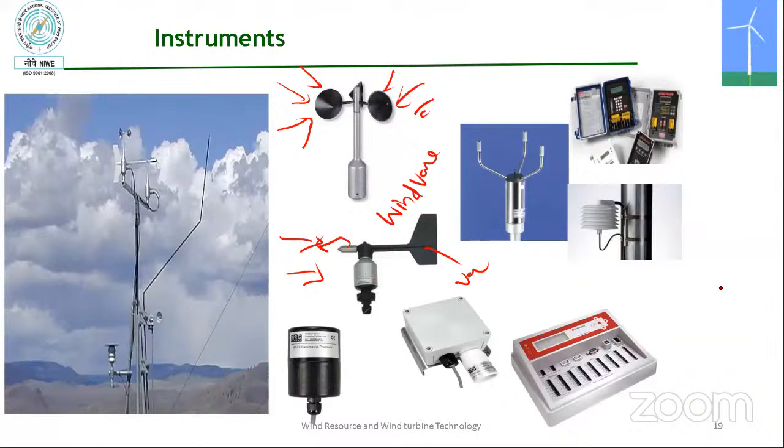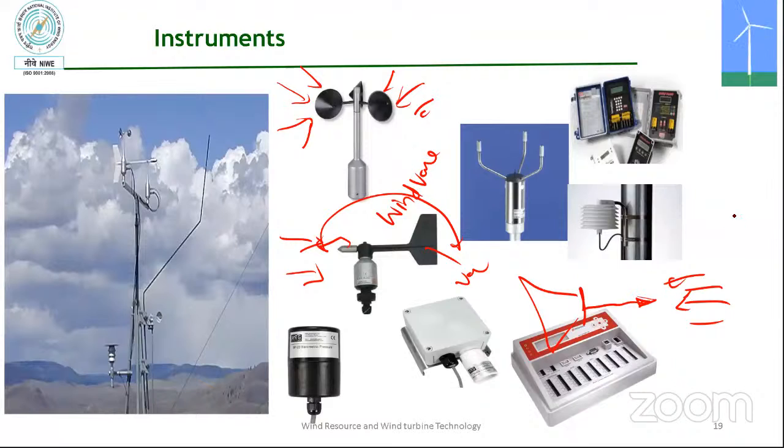Suppose the wind is coming from this direction, now the shaft will move towards this direction, and the vane will go this direction. So now the wind is coming from this direction, right?